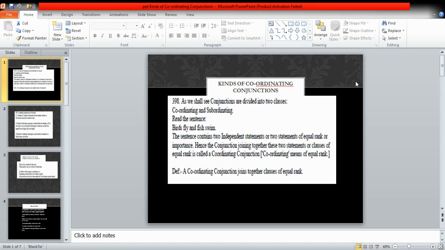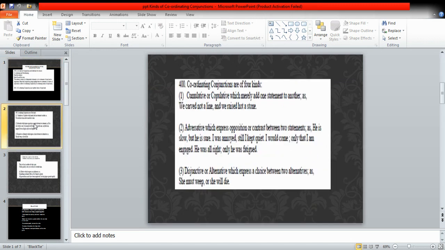It means that when two independent clauses are there in a sentence and they are joined with the help of a conjunction, that conjunction will be called a coordinating conjunction. So it means that a coordinating conjunction is always going to be found in sentences in which we have all independent clauses.